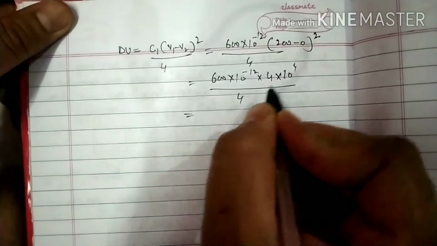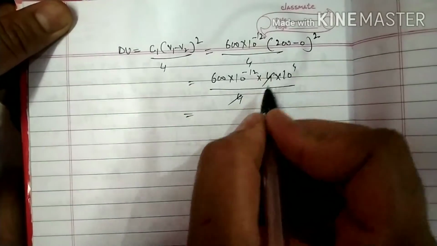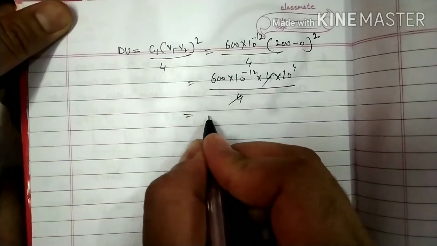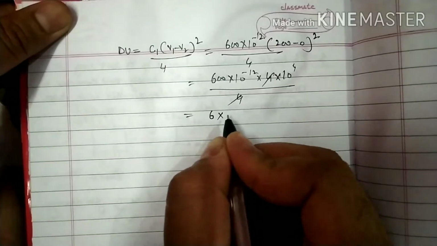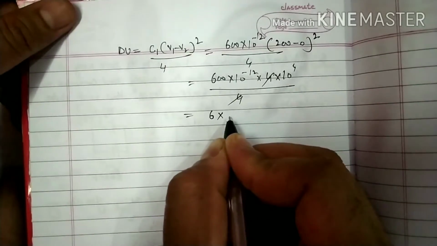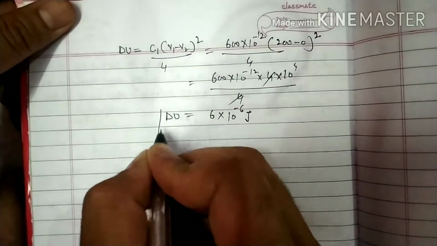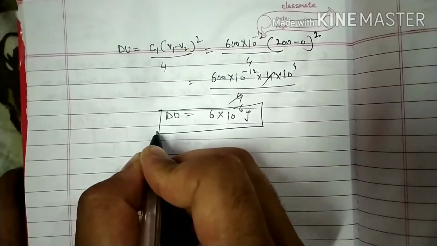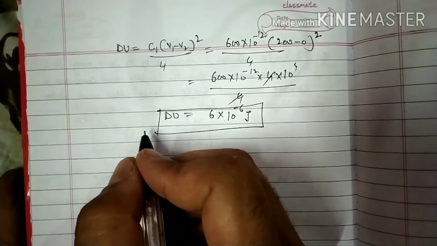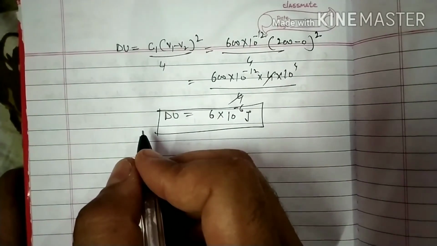So we will get 6 into 10 raised to power minus 6 joule. This is the energy. So I think this expression is clear and easy to understand. Thank you.